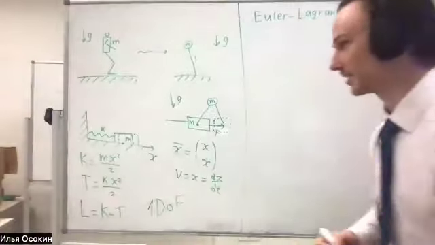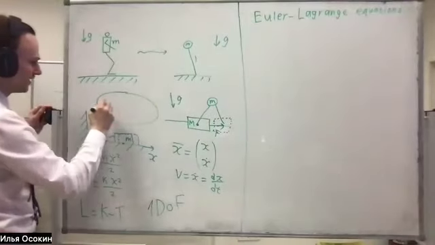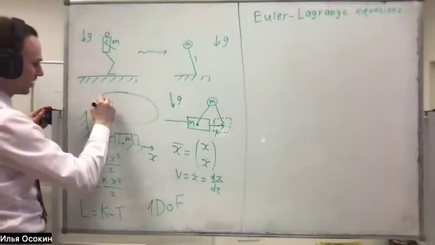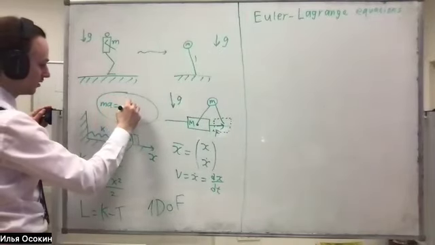So we use these Euler-Lagrange equations to describe how the position and the velocity, basically the state of the system, changes, essentially. Yes, exactly. So you have correctly guessed that we will get something along the lines of M A is equal to minus KX.